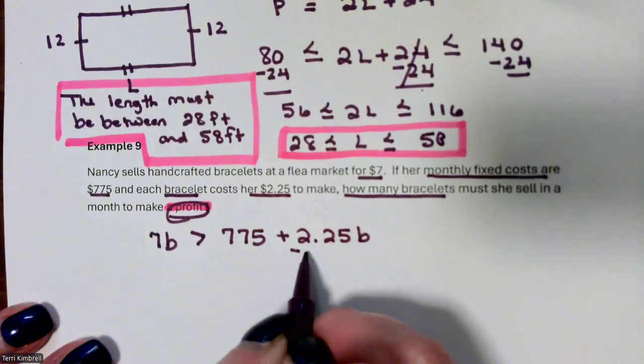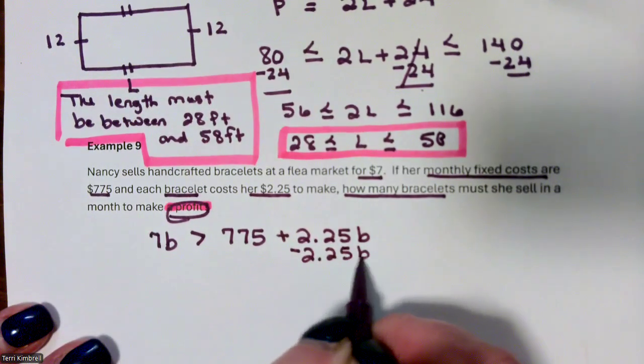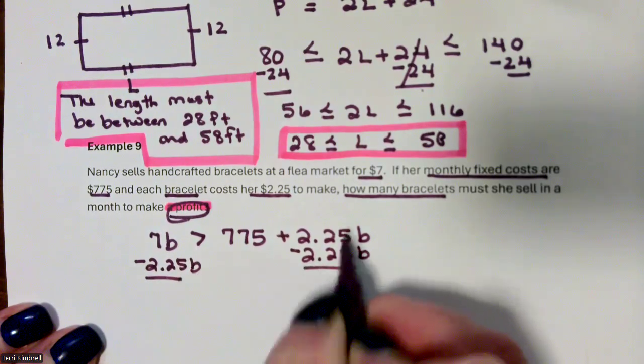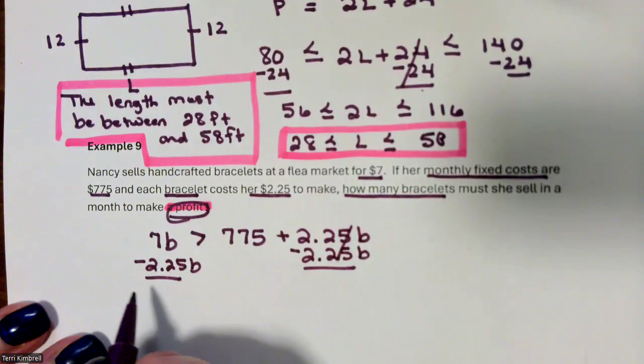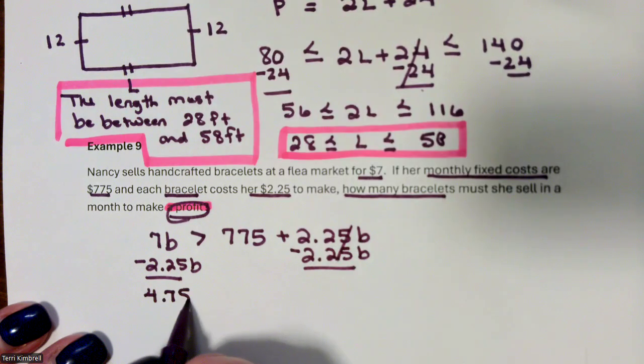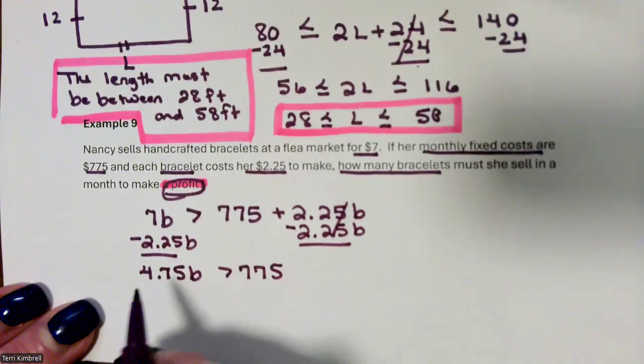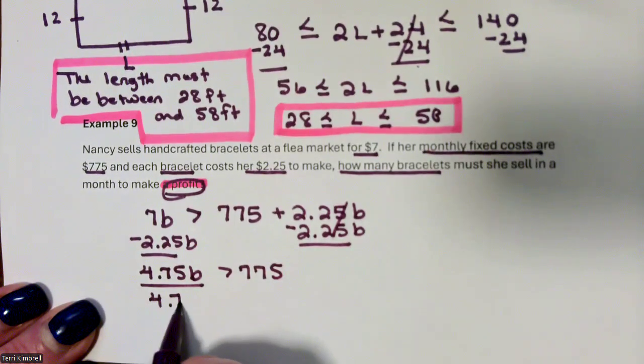So now we're ready to see how many she's going to have to sell to make a profit. So I'm going to subtract. That's going to be $475. Divide.